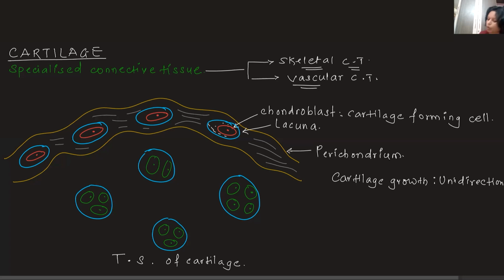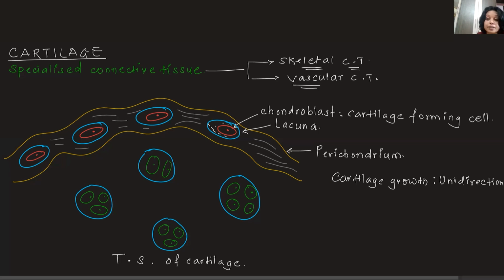Unidirectional means only on one side. So it is growing only on one side, in one direction, because only perichondrium is showing the presence of chondroblast cells in its lacunae.